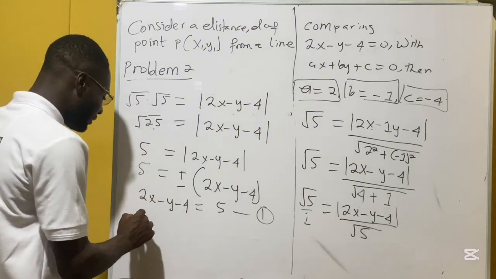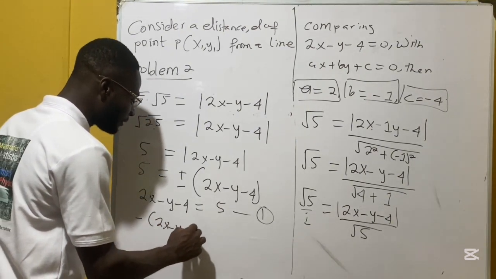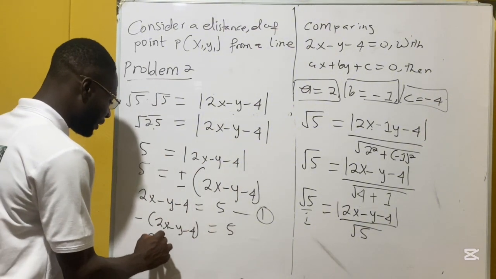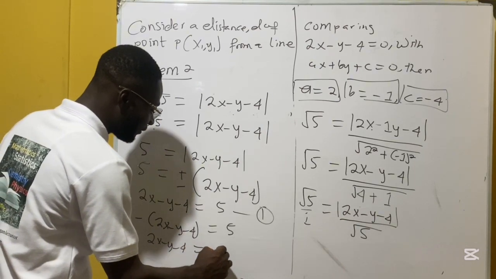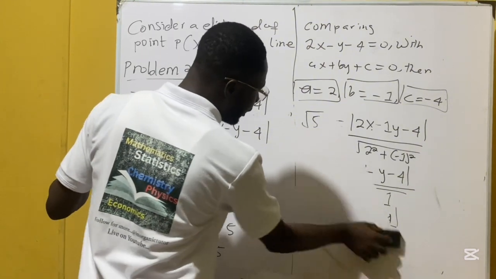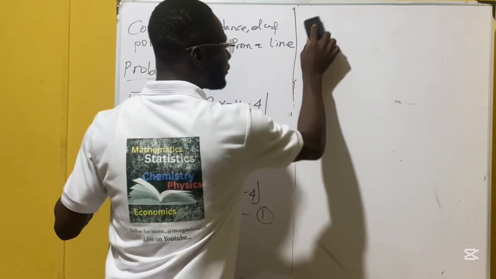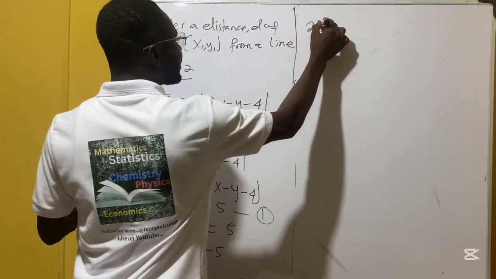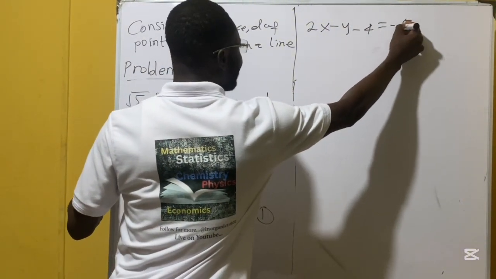And then our second one is going to be negative into 2x minus y minus 4 equals 5. So basically, we can say that we have 2x minus y minus 4 equals negative 5, right?